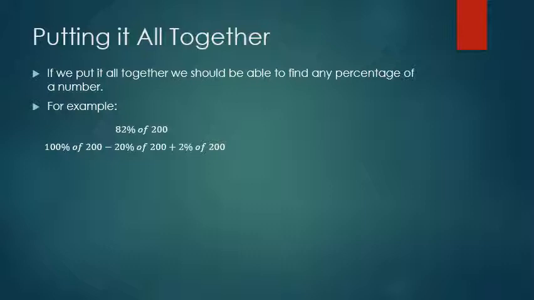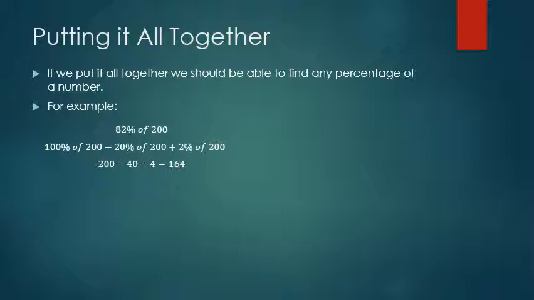So 82%, so to get to the nearest 10, which is 80, we would do 100% take away 20%. And then to get up to 82, we would add 2%. So 100% of 200 is just 200. 20% of 200, so 10% is 20, so 20% would be 40.